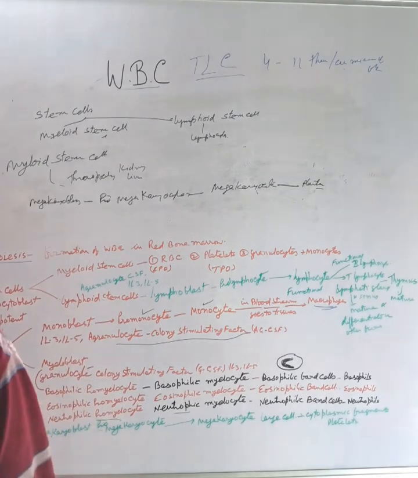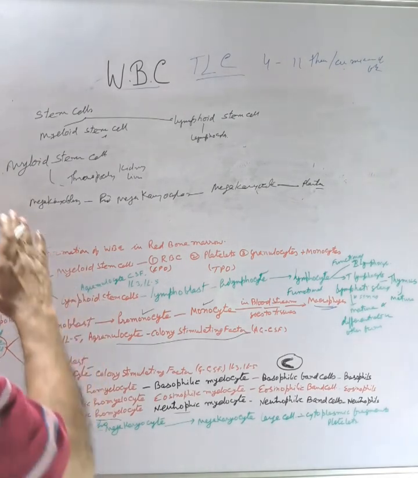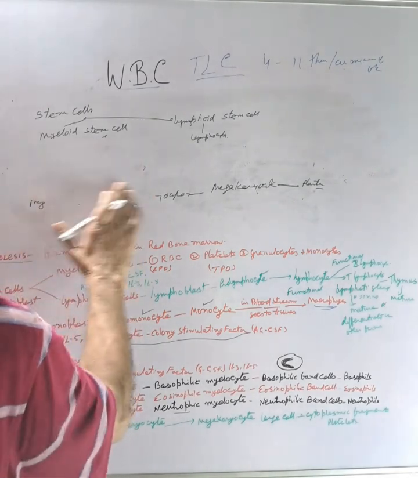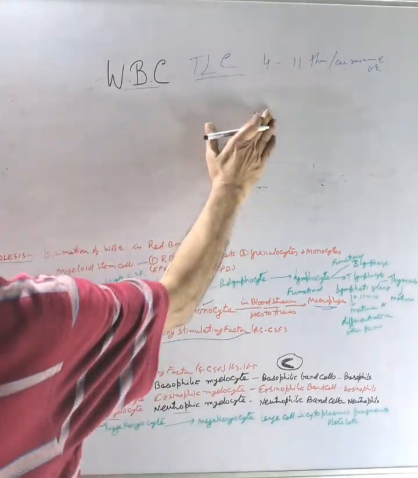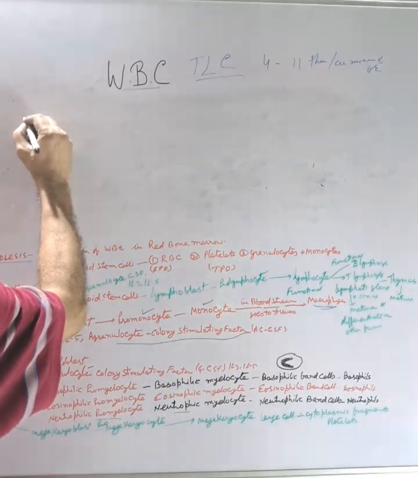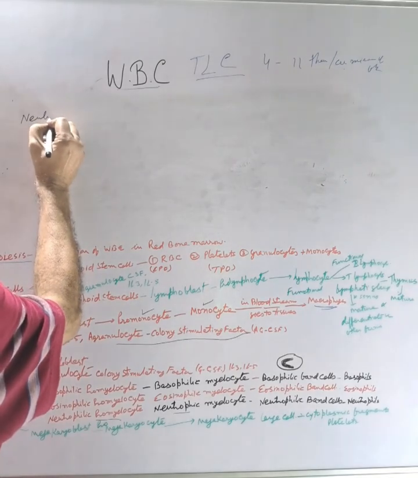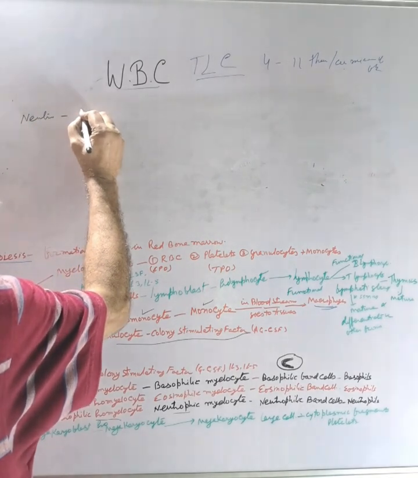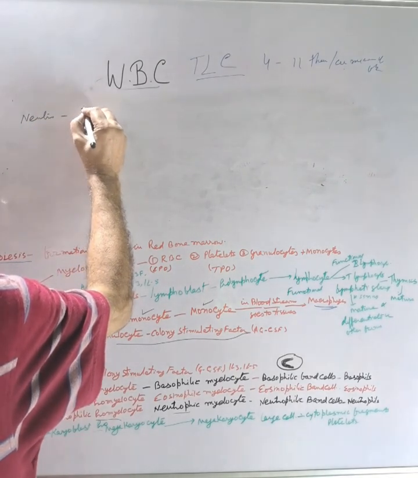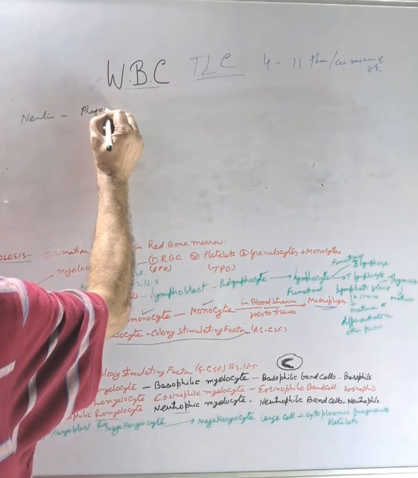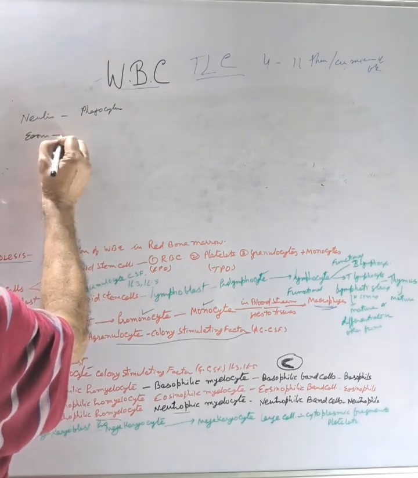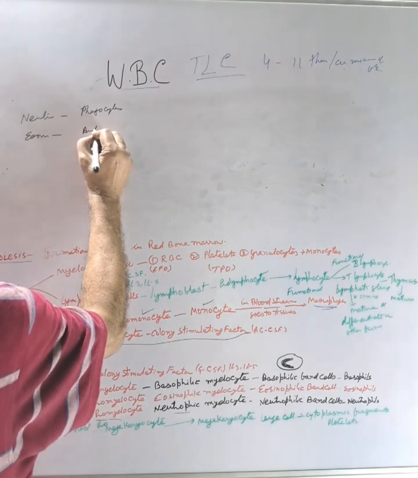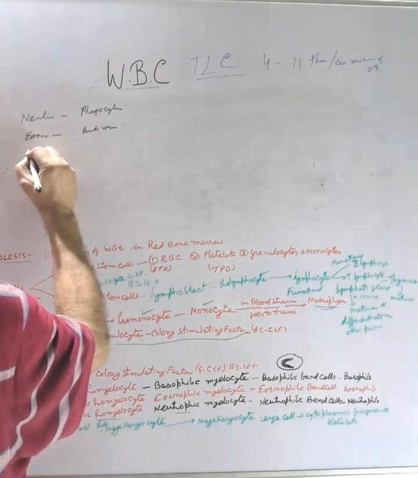Now, in short, functions of these cells. Neutrophil function is phagocytic. Eosinophils have anti-worm functions.